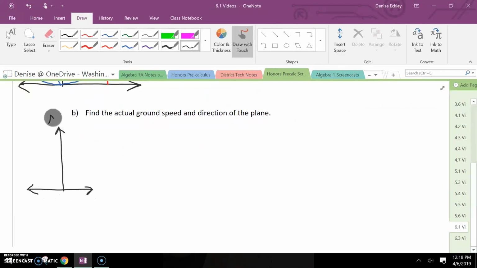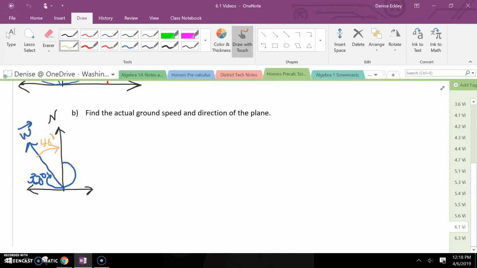Here's due north, and the wind has a bearing of 320 degrees. So drawing that, it would be almost the same place where the airplane is. We'll call this W, and that's 320 degrees from due north. So that means this little bit here is 40 degrees.